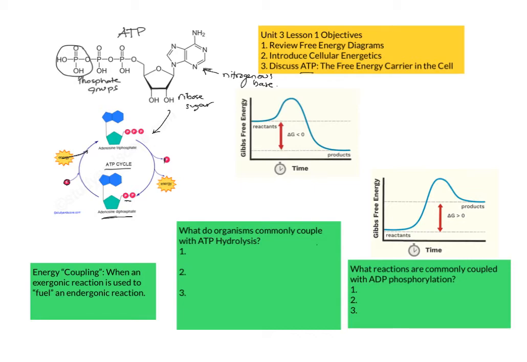Okay, now we're going to relate this to those energy diagrams, and then we'll get into something that is extremely important in this unit, which is called energy coupling. Now, if you look at these diagrams, we have our exergonic right here and our endergonic here.